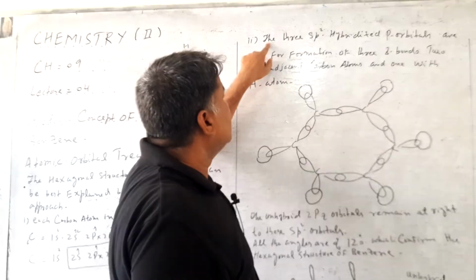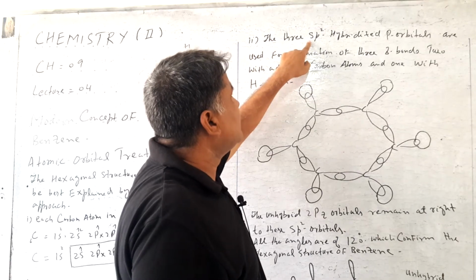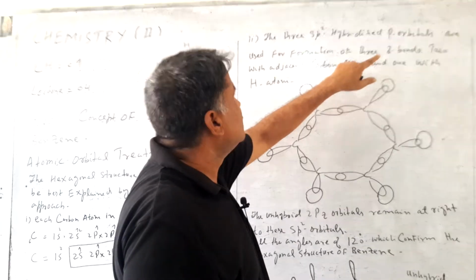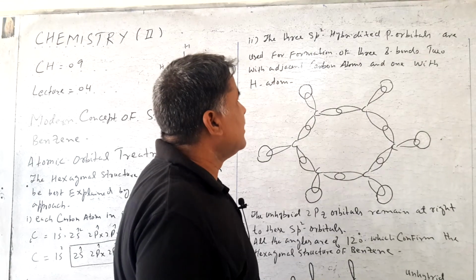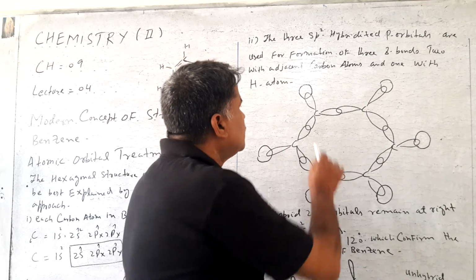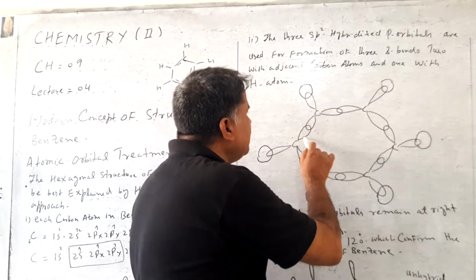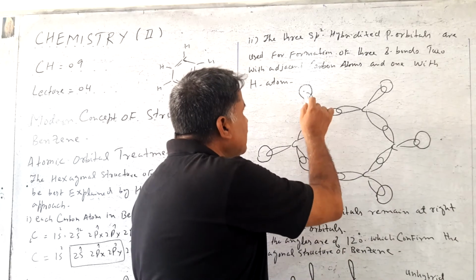The 3 sp2 hybrid orbitals are used for the formation of 3 sigma bonds, 2 with adjacent carbon atoms and 1 with a hydrogen atom.